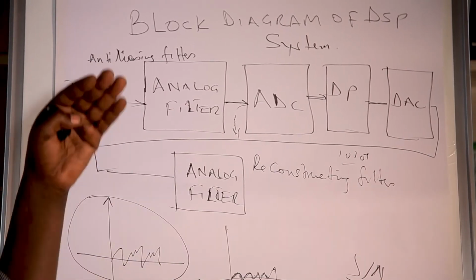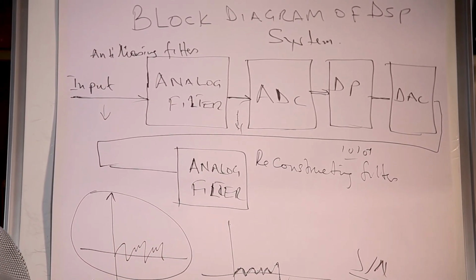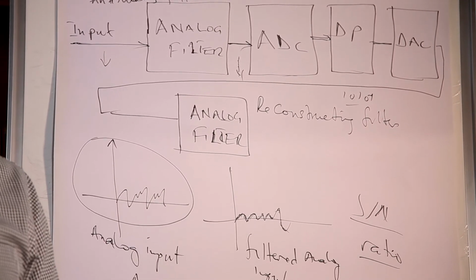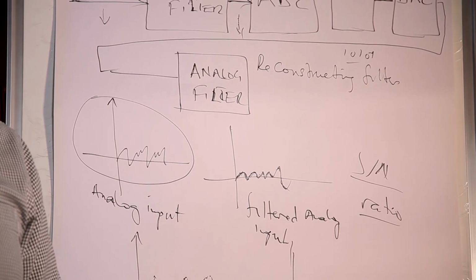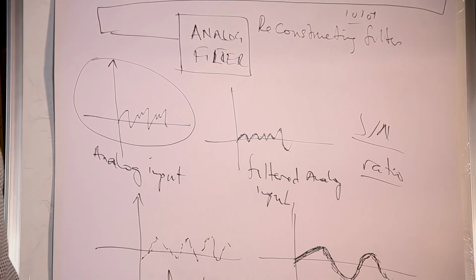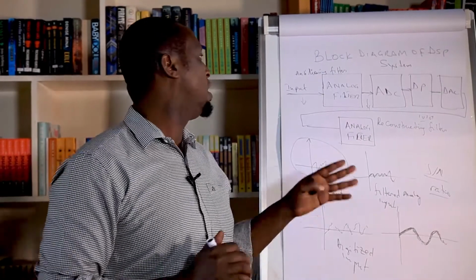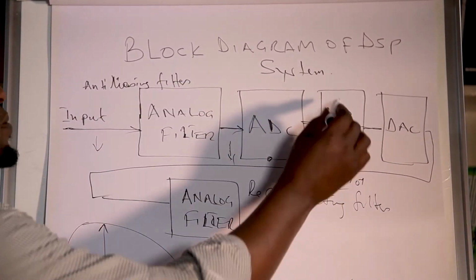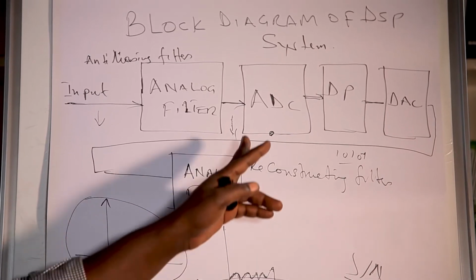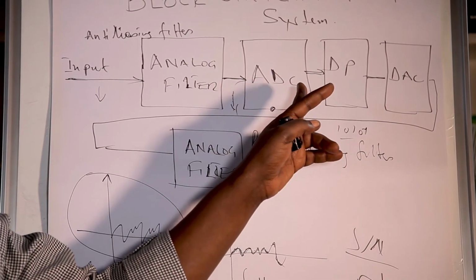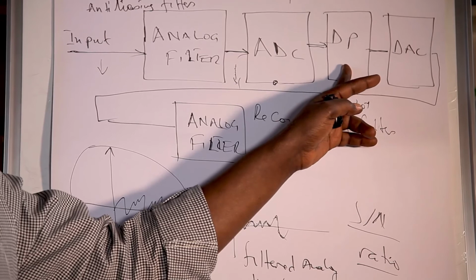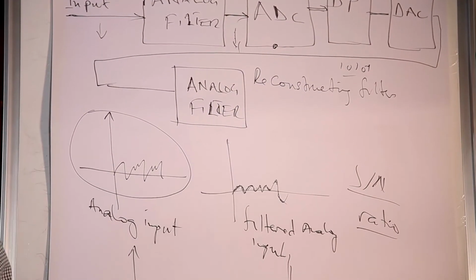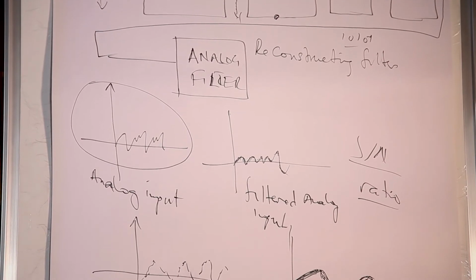From this whole block diagram of the analog system, remember when we talk about the digital system, we are going to have three main components. First of all, we are going to have this one, from here up to there. So we are going to have the ADC, which is put in the digital system, then the DSP, and the DAC as a system at large.